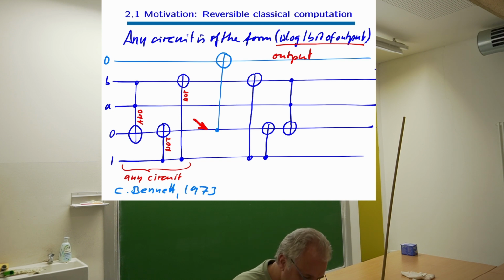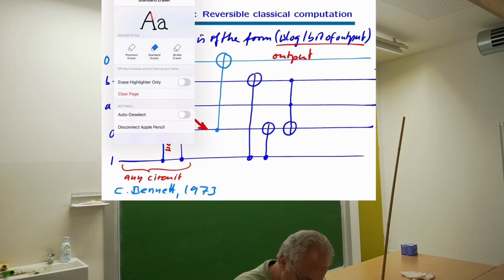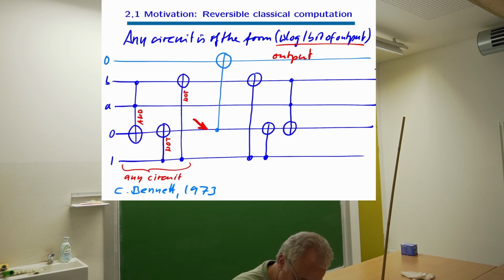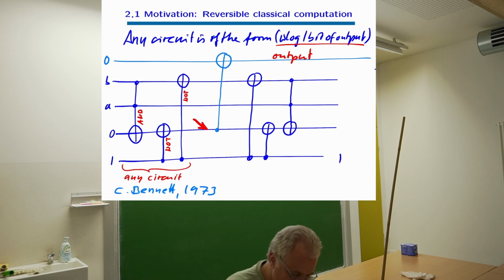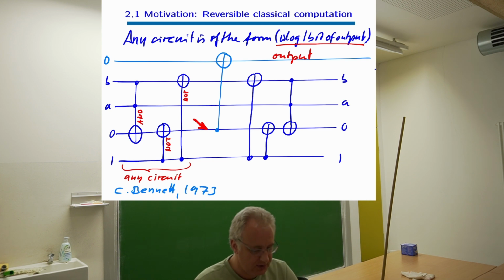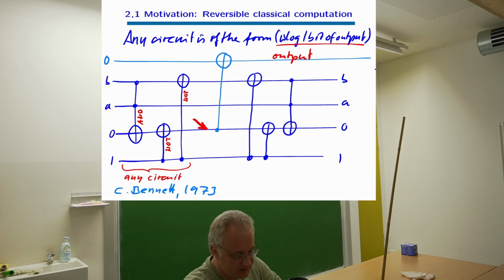Okay, and then we have exactly what we started with. So this bit started in state 1, this started in 0, this was started in the input. So we are giving the register back exactly how we found it.